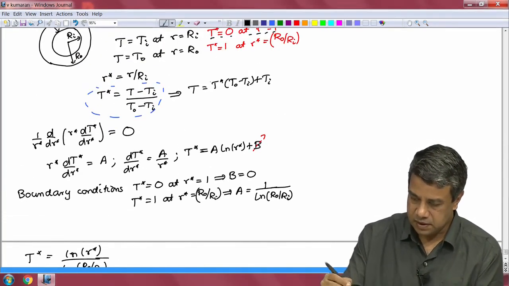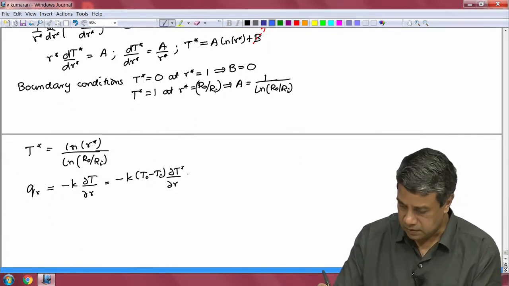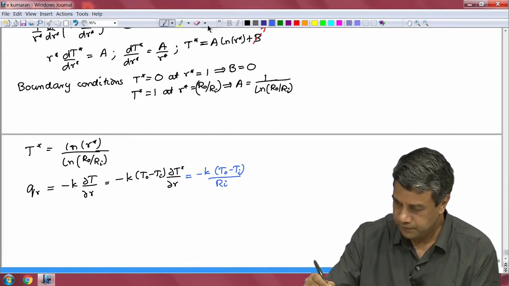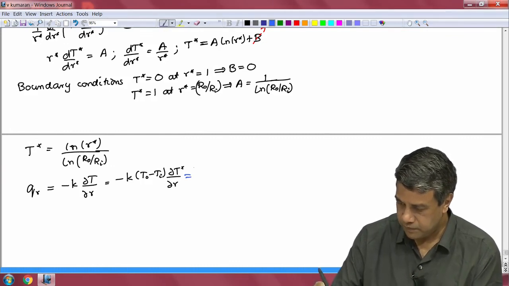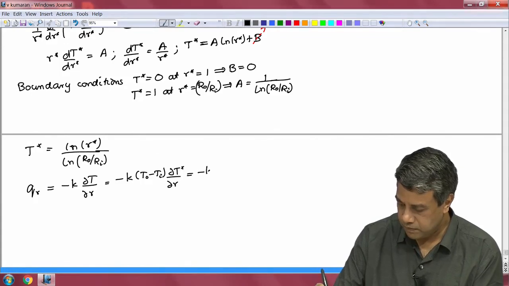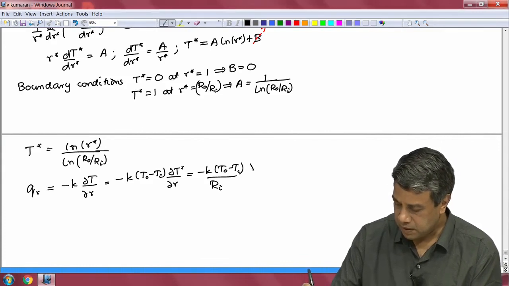Therefore, this is equal to minus K into (To minus Ti) by Ri times partial T star by partial r star.